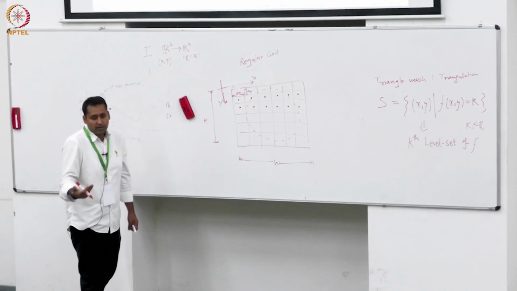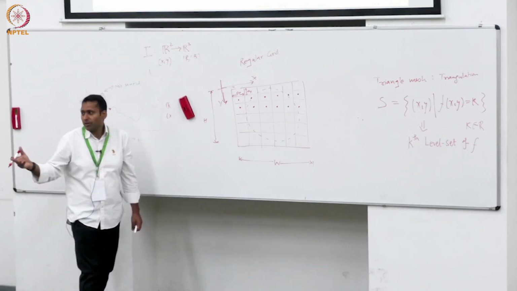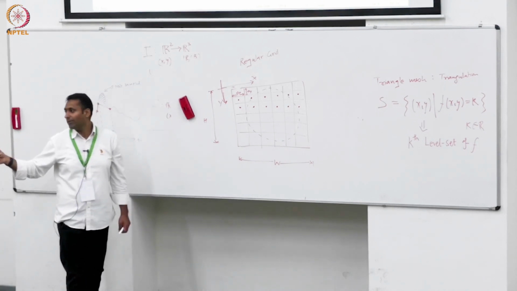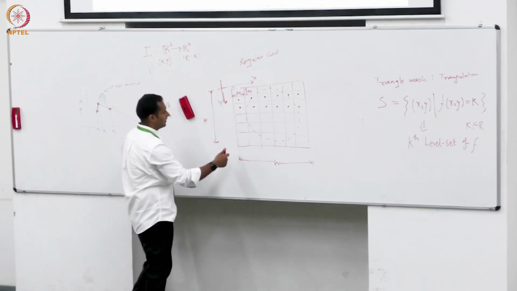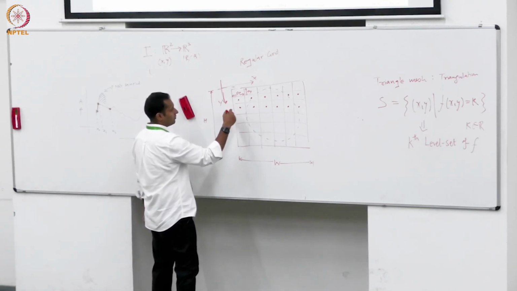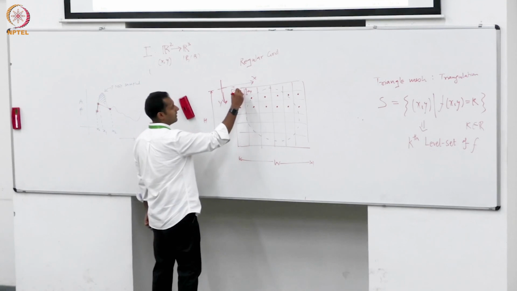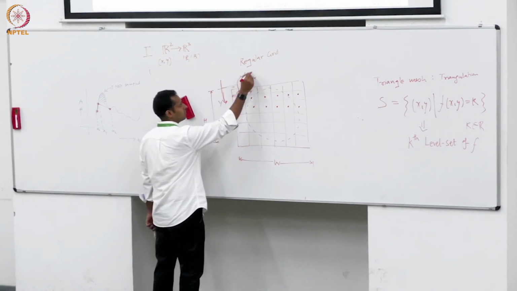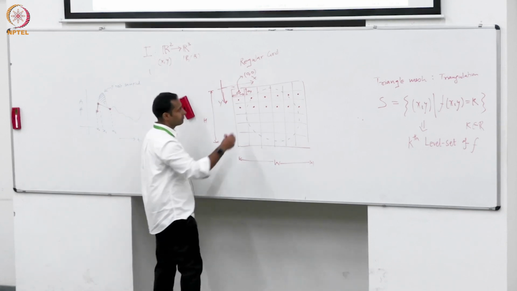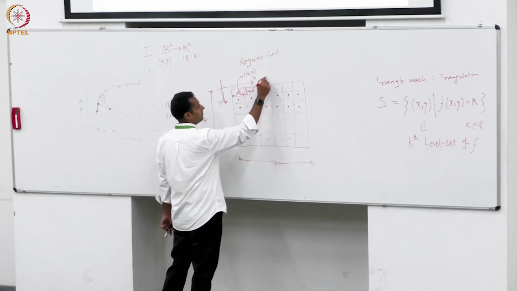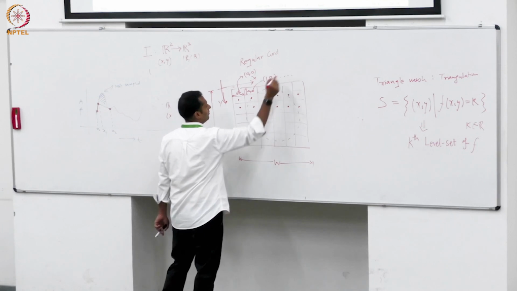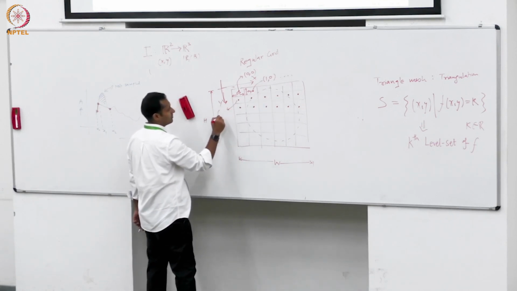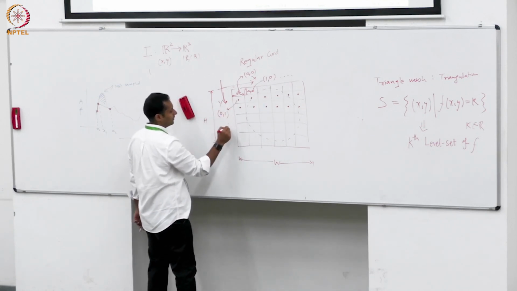So I just need to enumerate the coordinates of the centers of all the pixels. Typically the first coordinate here is 0, 0, and then this one is 1, 0, and so on. This guy is 0, 1, and so on.